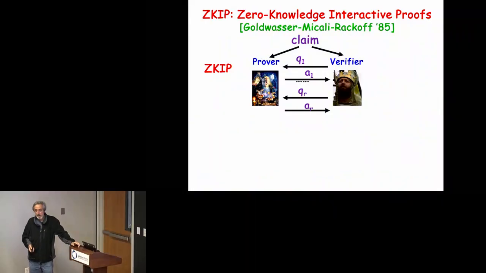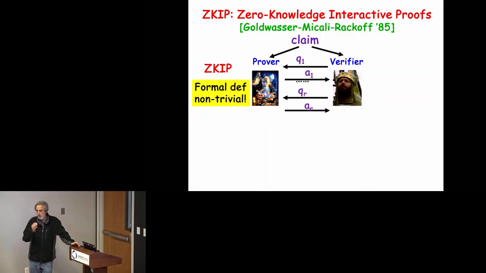The first proof system with paradoxical properties is this zero-knowledge interactive proof system. It was suggested in the original paper which defined IP. So zero-knowledge IP, what kind of proof system is this? It's the normal IP proof system.